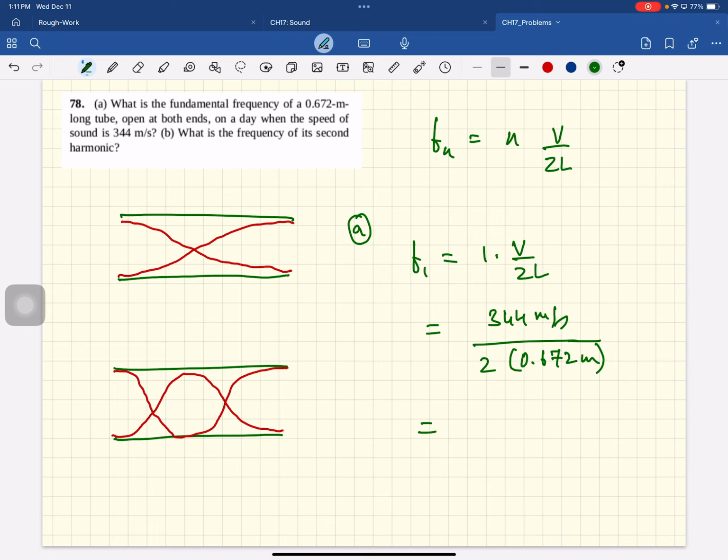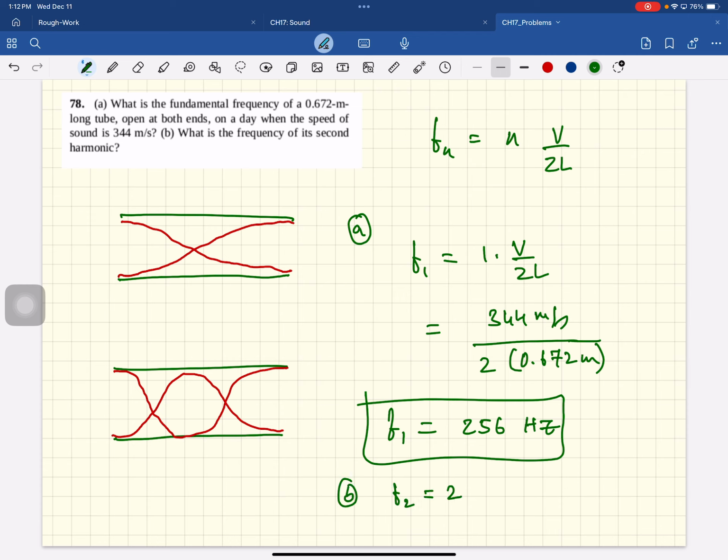So this frequency is the fundamental, and the second harmonic F2 is 2 F1, 512 hertz. So the second harmonic is n equal to 2.